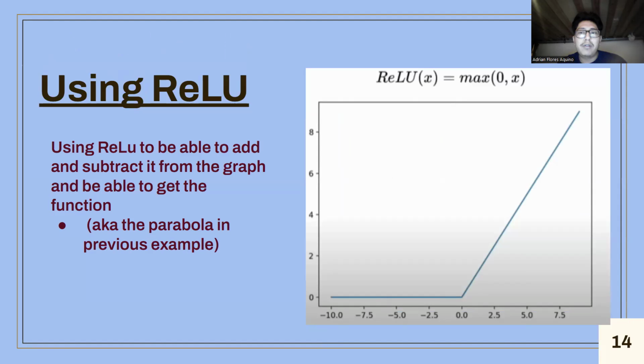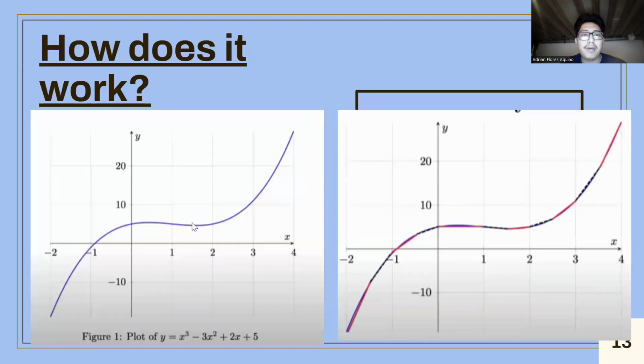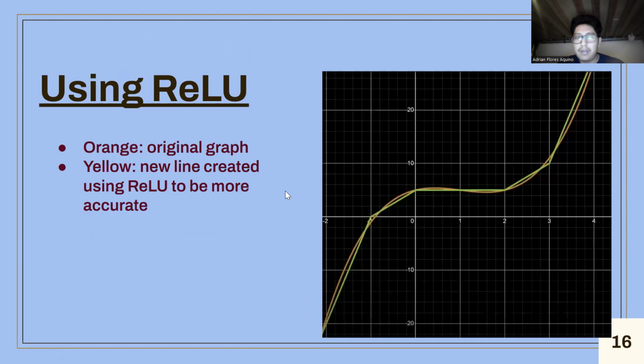So using ReLU, what is done to identify an accurate version of it is being able to add and subtract it from the graph and get the function, aka, well, that's a typo. It's not a parabola, but aka this graph over here, which is what we're going to be doing.